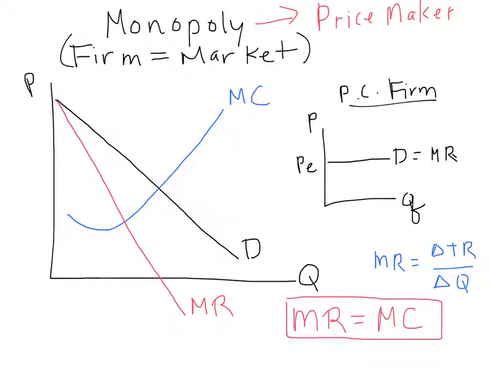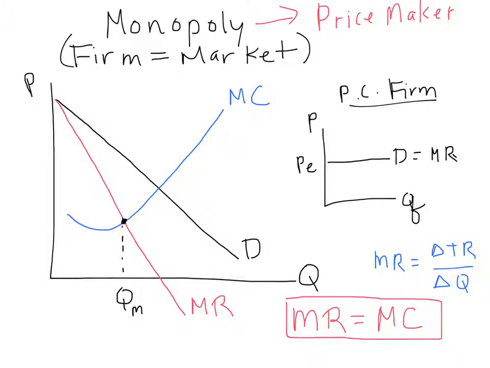So keep producing output as long as marginal revenue exceeds marginal cost, but don't go past the point where they're equal. On our graph, that's actually going to occur right here, right? This is where marginal revenue equals marginal cost. We come down and we notice we're going to label this QM for the monopoly quantity.